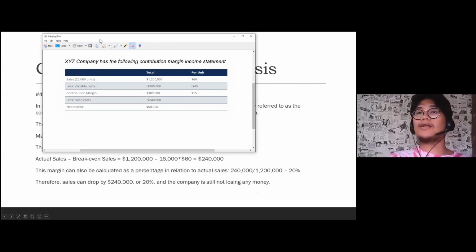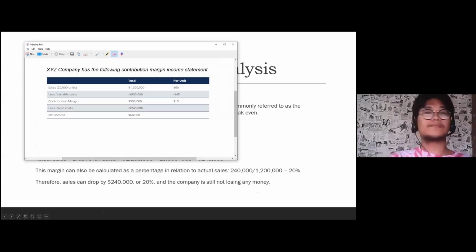Okay, paano natin nakuha si 16,000 dito? Paano po natin nakuha si 16,000 dito? Anyone?